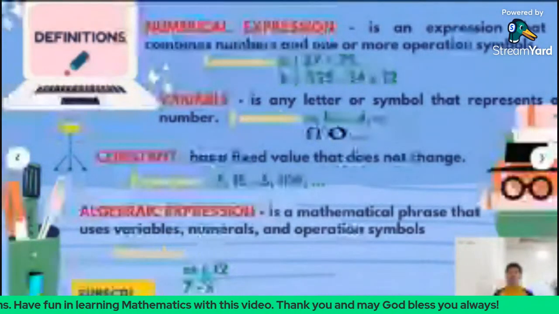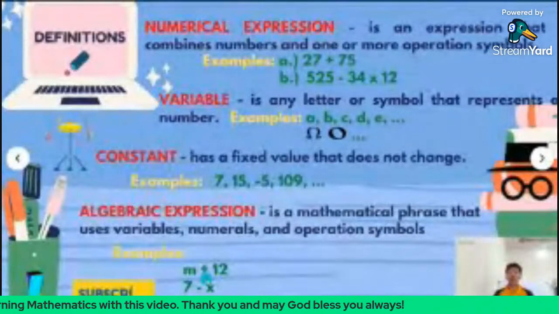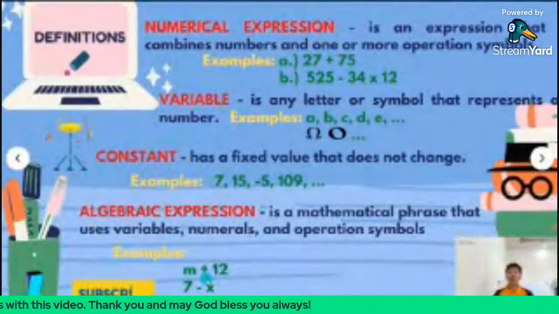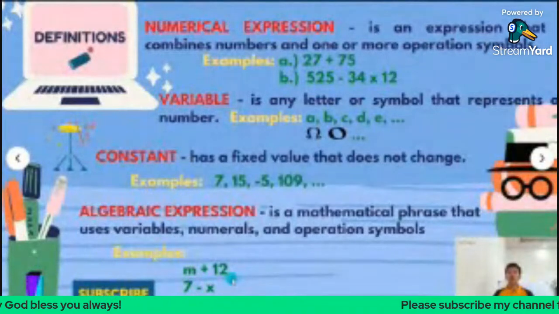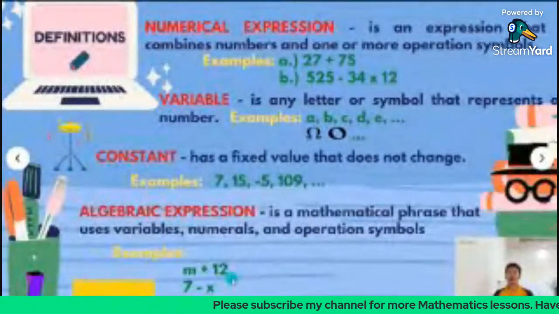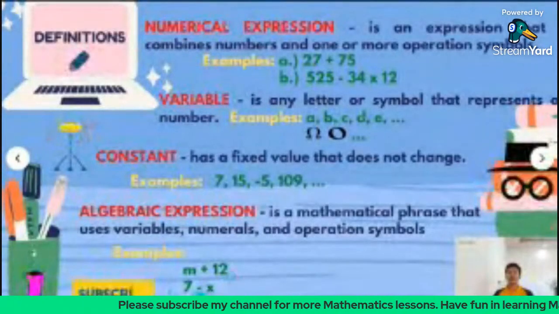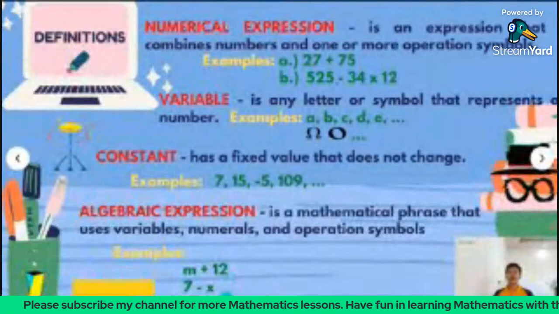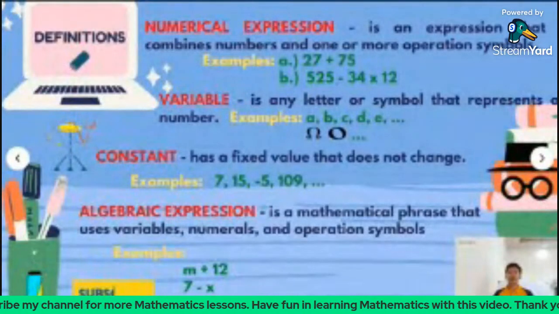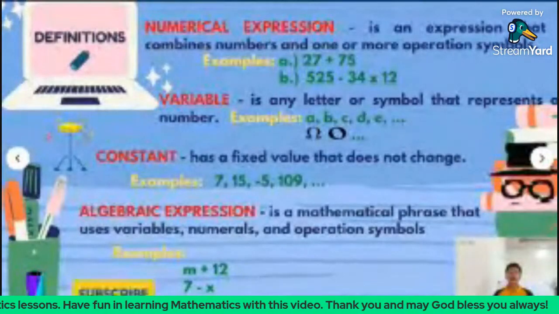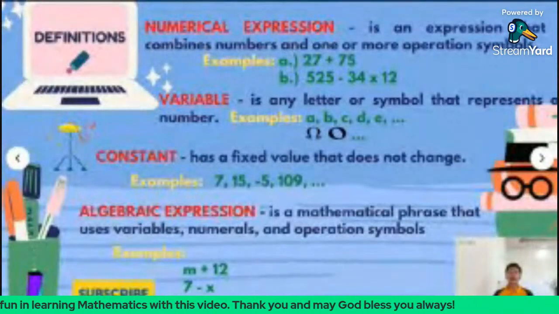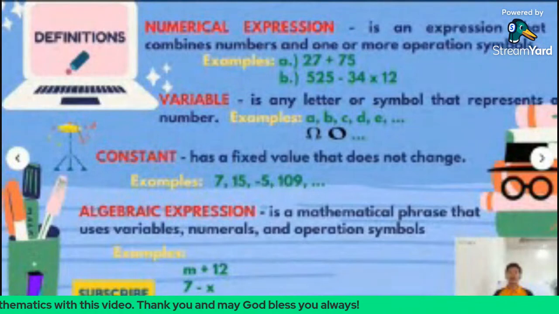The sum of m and 3, m increased by 3, 3 added to m, and 3 more than m. These word phrases will be expressed in algebraic expression in only this way: m plus 3.